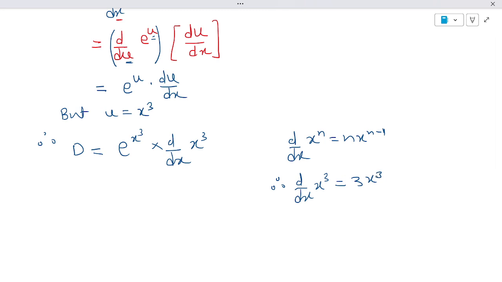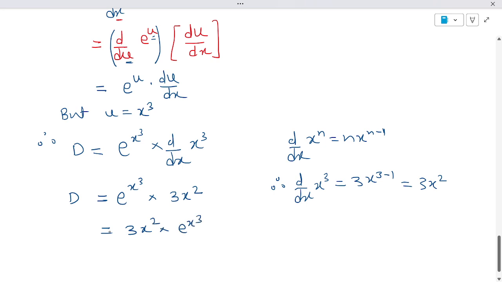Okay, 3 minus 1, that is 3x to the power 2. So d is equal to e to the power x cube into 3x square. So required answer is 3x square into e to the power x cube. So this is the required answer.